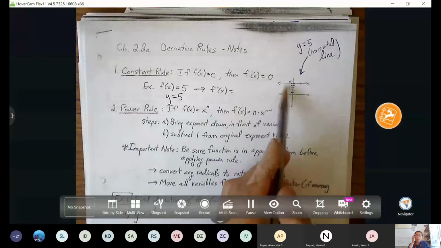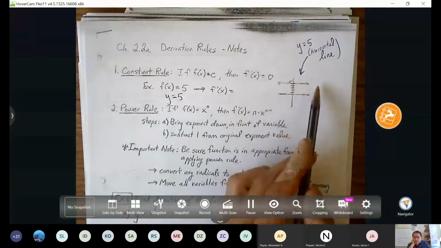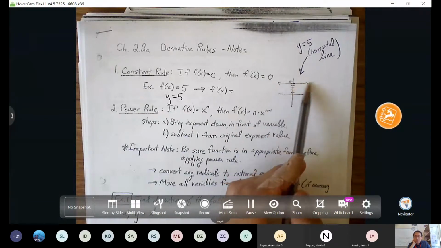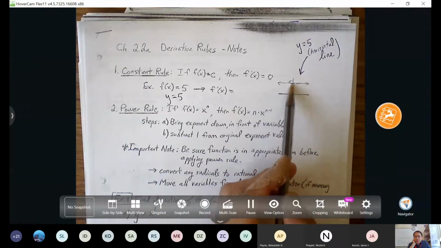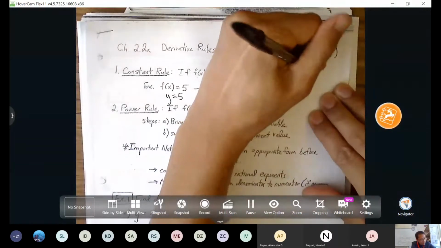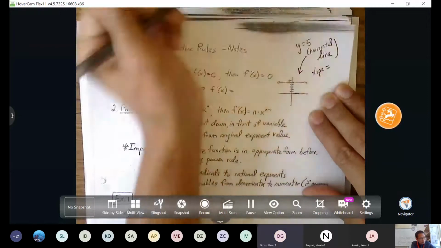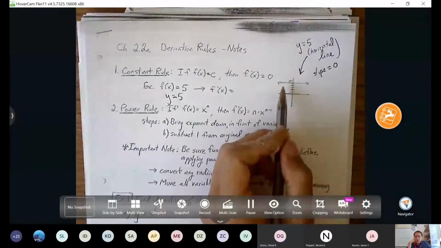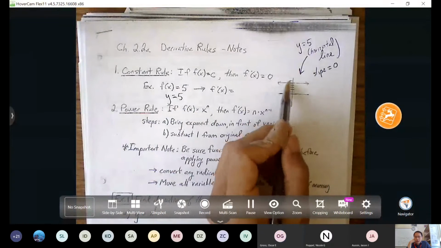So there's y equals 5. What is the slope of this line here? 0. Right? Imagine yourself walking along the path of this line.